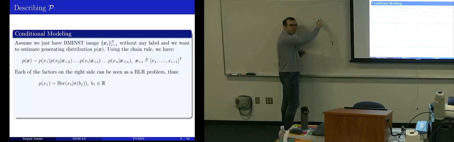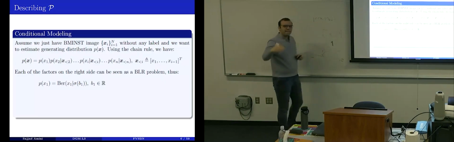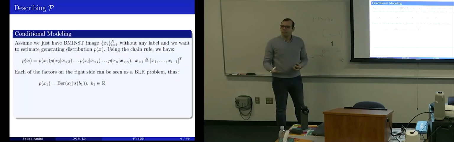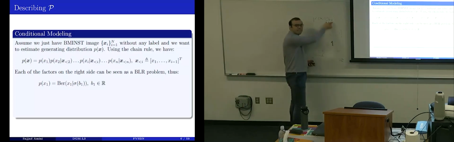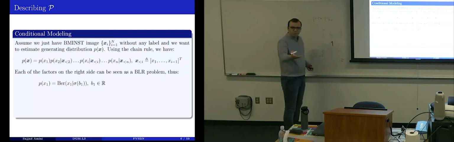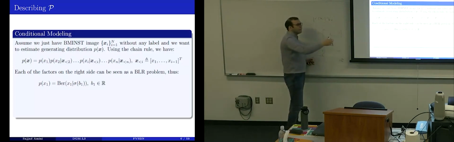You agree? Because it is one pixel of the input image, given all the other elements before that element. So, given means that you have access to them. These are input to your distribution. How can I model a distribution over a binary random variable?